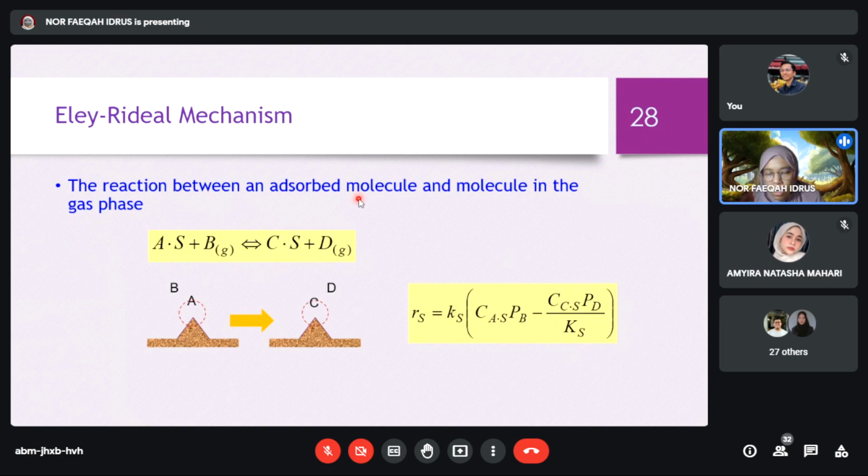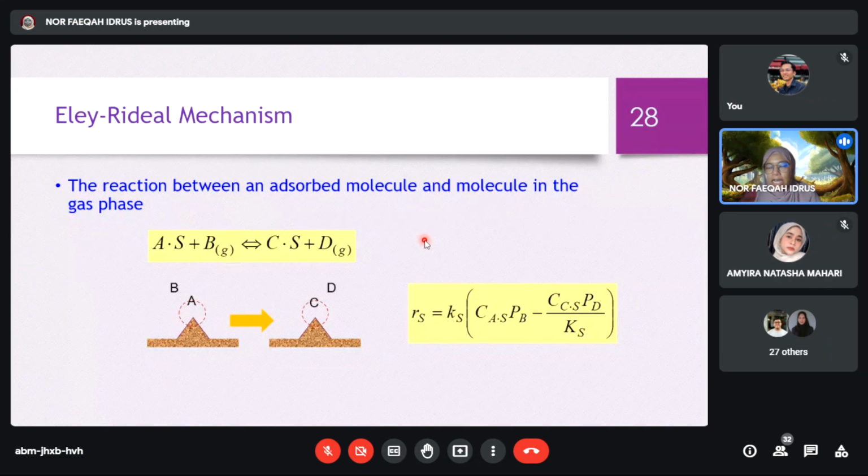Okay, there is no gas D. So what will happen to the overall rate law for the surface reaction? Rs equal to Ks in bracket CAS PB minus CC dot S over Ks, sebab there is no product D. Tak ada gas D yang produce during the reaction. So just eliminate lah term partial pressure of D. Okay, so the difference is only this part.